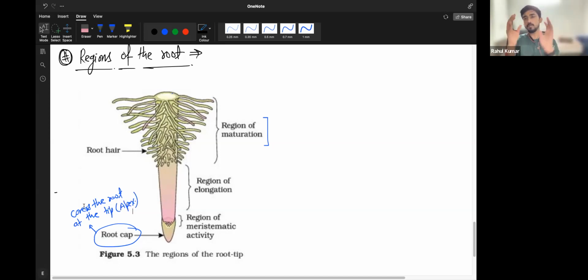At the very tip of the root, there is a cap-like thing. It actually covers and also provides protection to the root. Just above the root cap, this region is the region of meristematic activity. You know what is meristematic tissue? Yes, no?